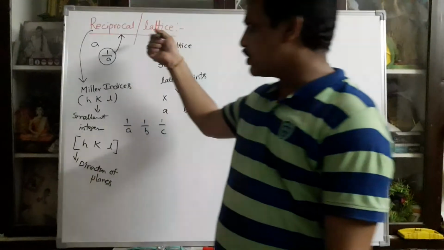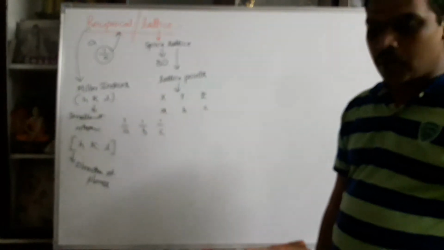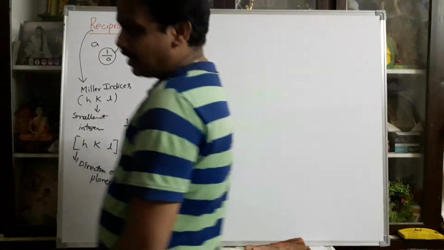Why do we explain the reciprocal lattice again?